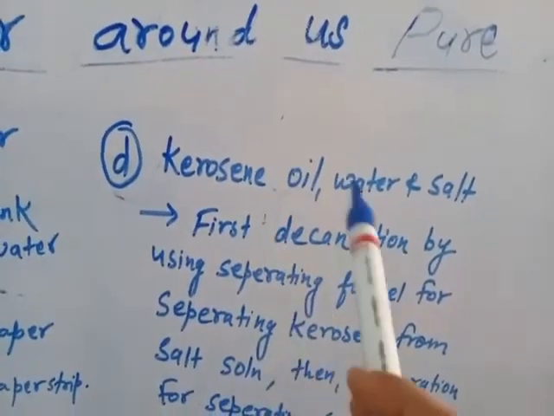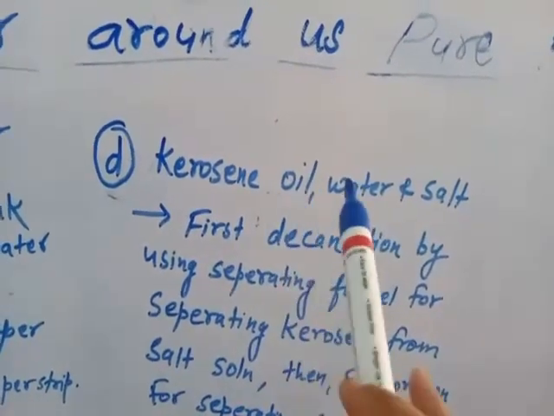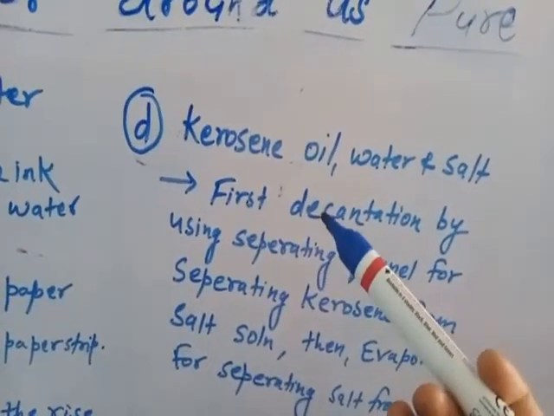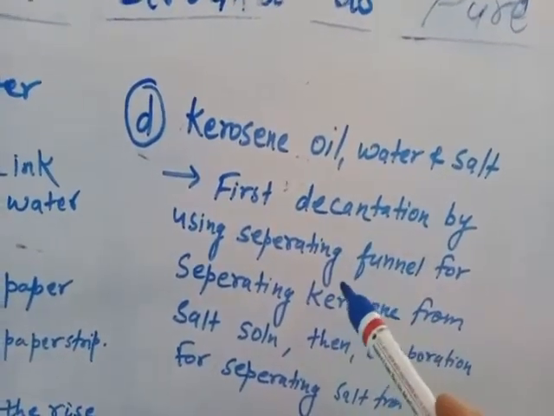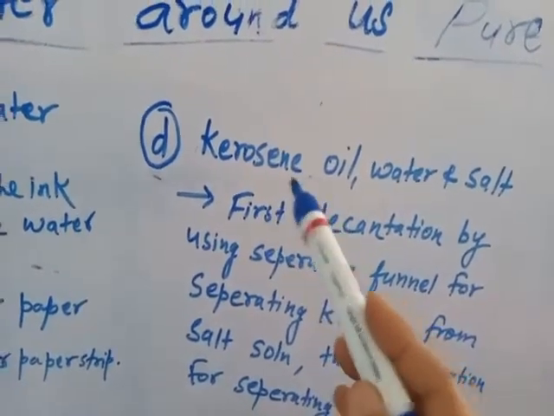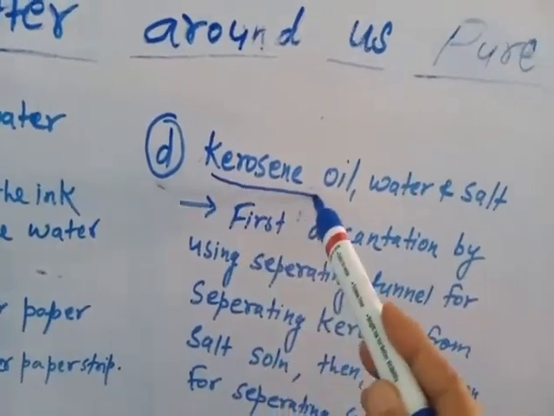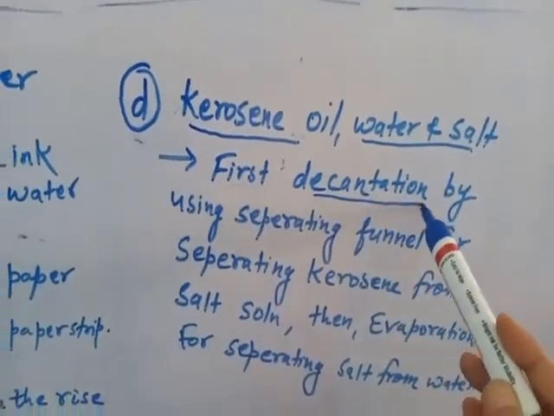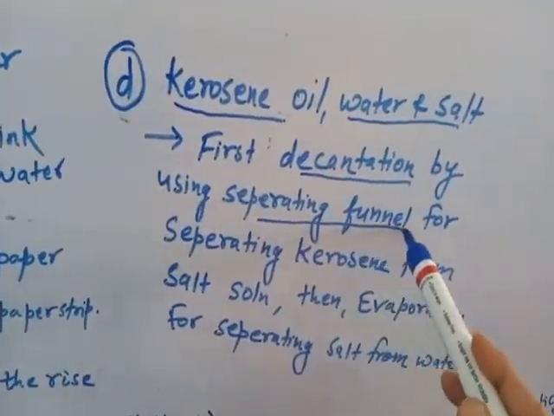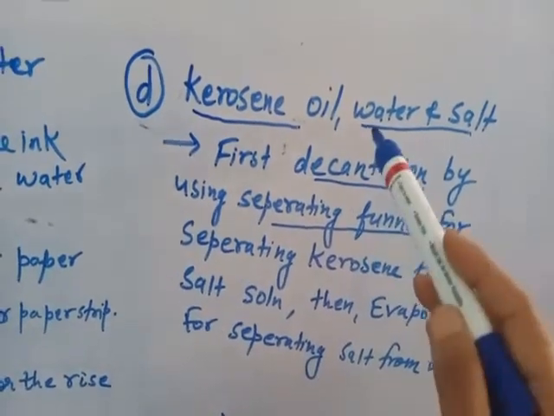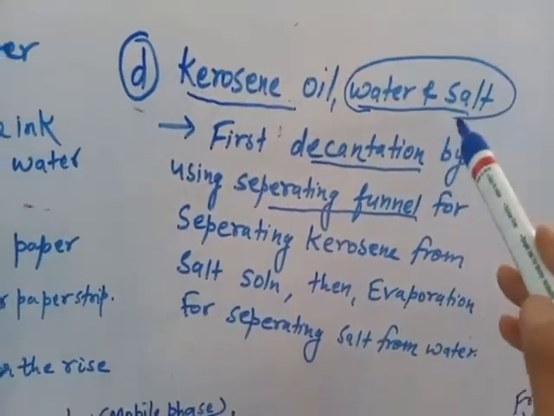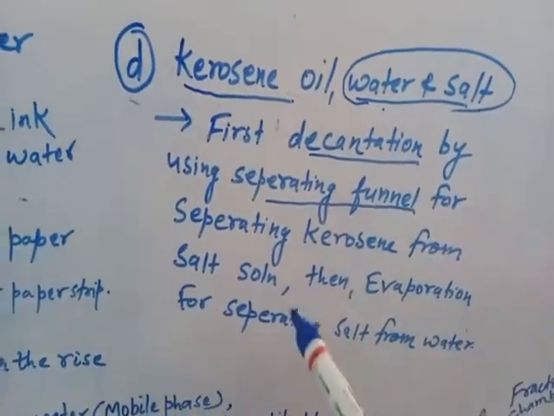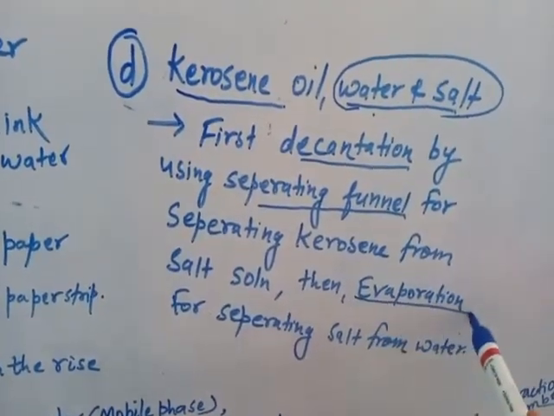So you get two immiscible liquids, that is salt solution and kerosene oil. That can be done by the decantation process, using a separating funnel. First we should separate out the kerosene oil from the salt solution by the decantation process, by making use of what? The separating funnel. Now we are left with the salt solution, and in the salt solution, salt can be separated from water using the evaporation method.